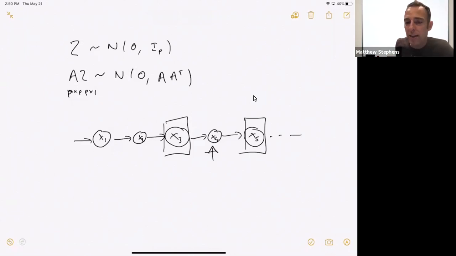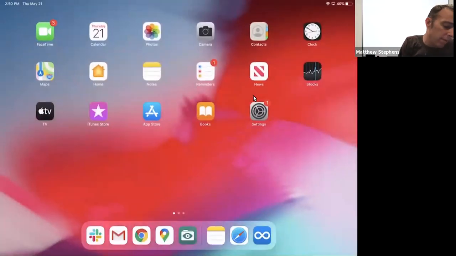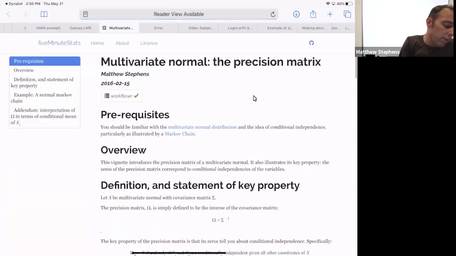So what we expect is that if we look at the fourth row of the precision matrix, it will have zeros everywhere except for the locations 3 and 5, and actually at 4 too. So it's the off diagonals that have this structure. Let's look at it again.